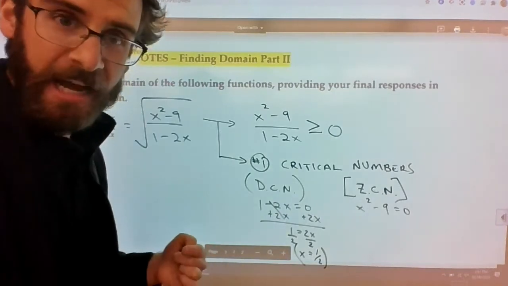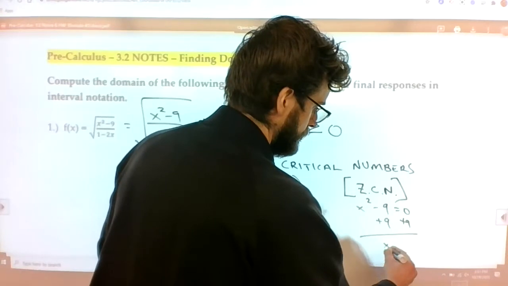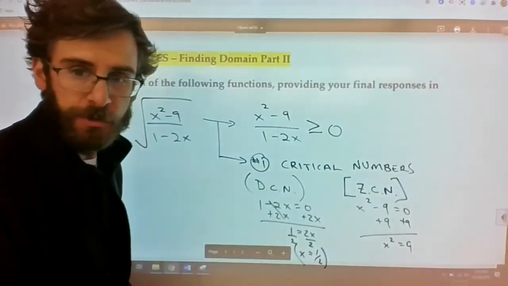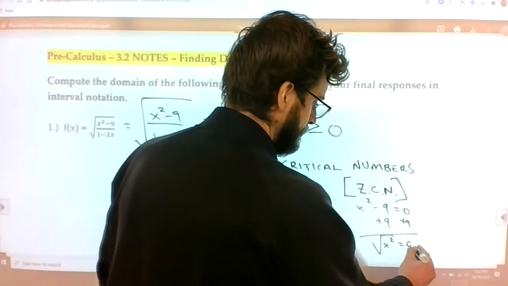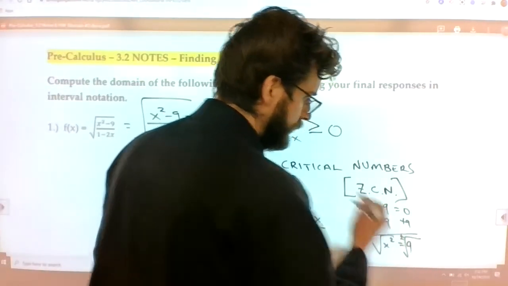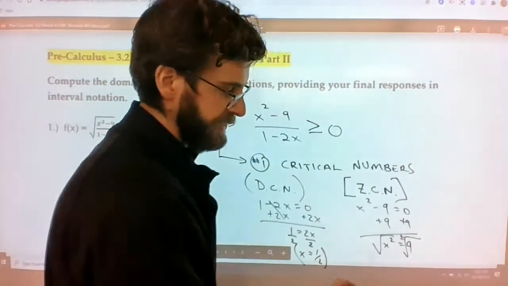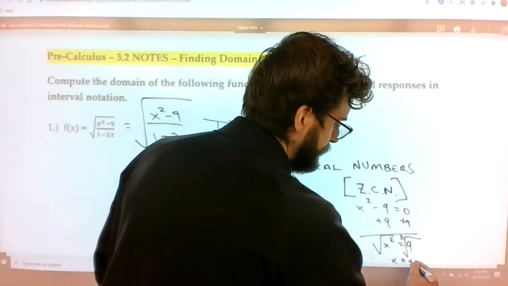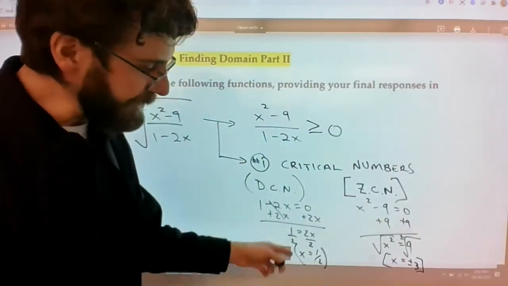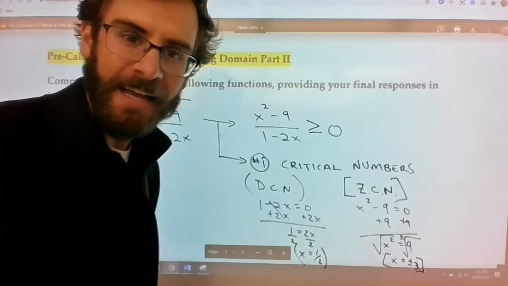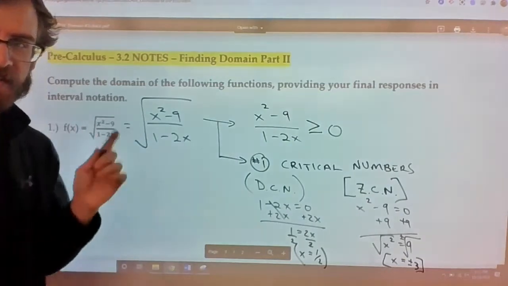So you could add 9 and square root both sides, and make sure when you square root both sides that you put a plus or minus on the other side. We've talked a lot about that. I don't think I need to re-explain that whole situation. So x is equal to plus or minus 3 bracketed. x equals 1/2 parenthesized. Is that a word? Maybe. So now, step 1, done.